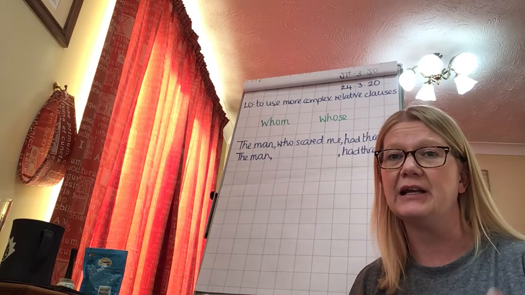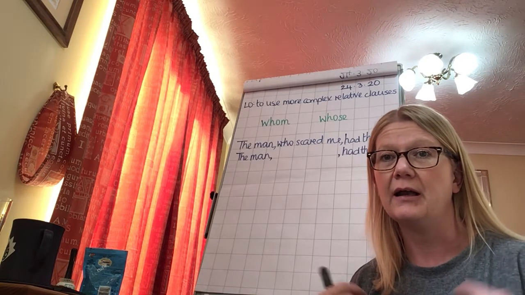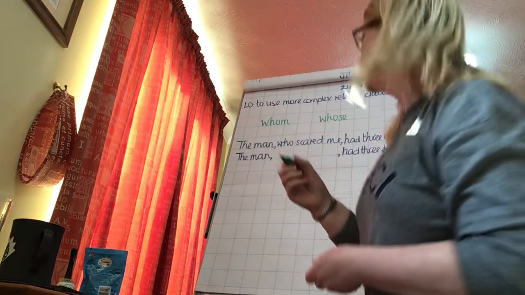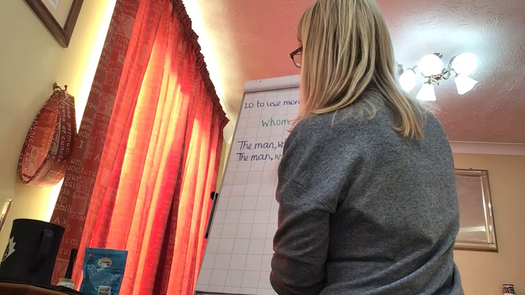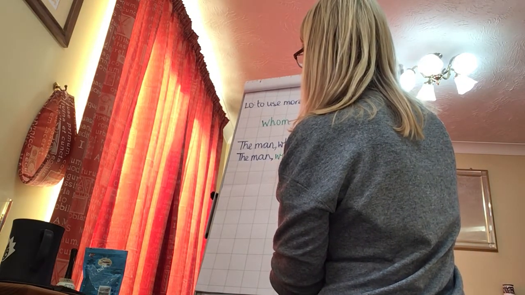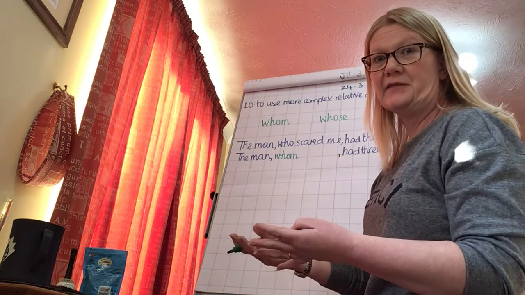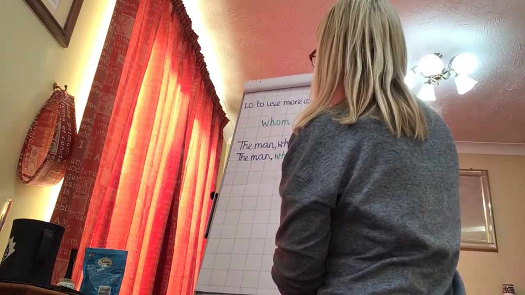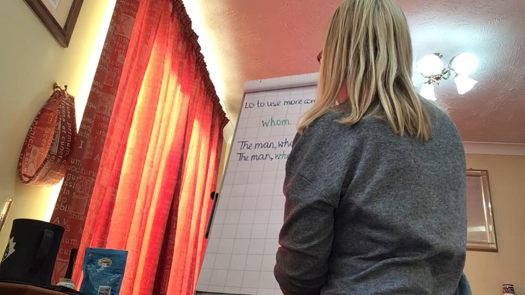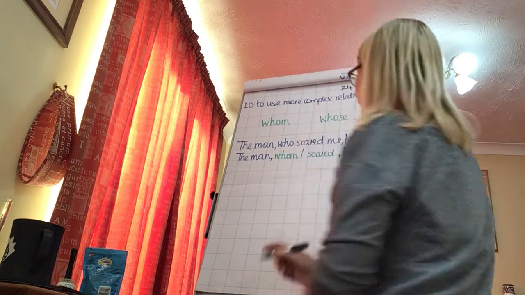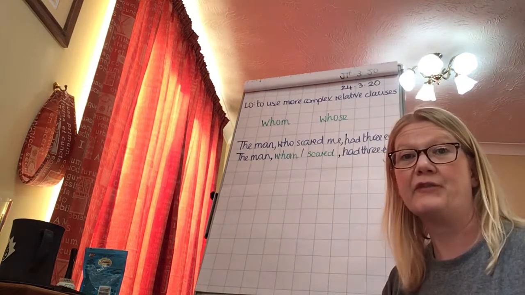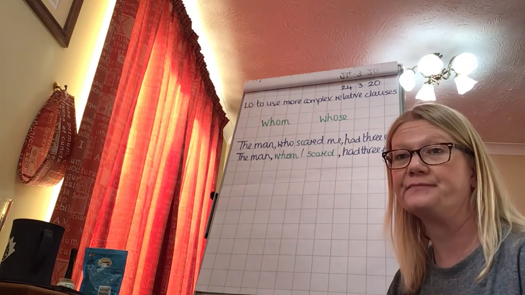It's really, really simple. Watch. The man, instead of who, whom, because we have to start with our relative pronoun, whom I scared, had 3 eyes. Simple as that.